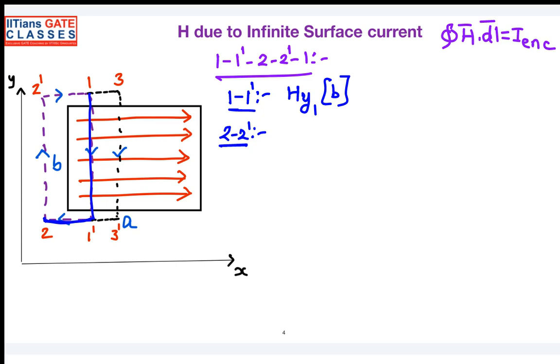In 1 to 1 prime and 2 to 2 prime, the dl vector will be exactly opposite: in 1 to 1 prime it is negative y and in 2 to 2 prime it is positive y. So you get a component, let me say Hy2 is the magnetic field, and this time I will consider minus B because you are moving in the opposite direction. Up to this, any questions you have at this point?